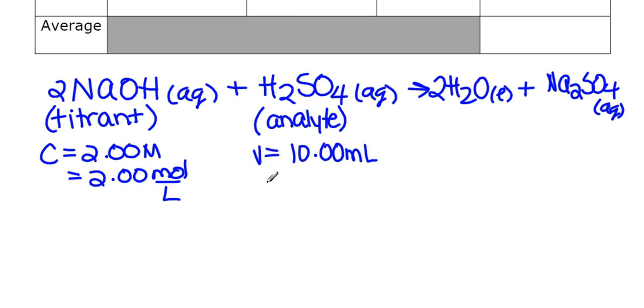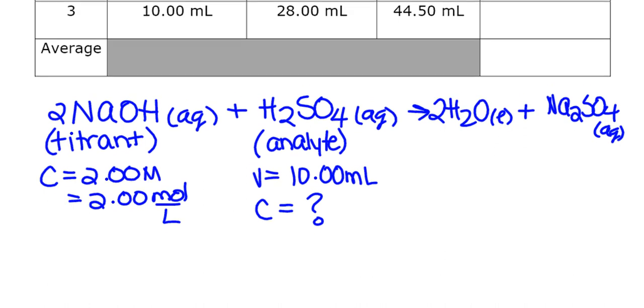We want to find out what the concentration of our acid is. This is the purpose of titration. What's the concentration of our analyte? But we need to get some data for some sodium hydroxide. So far from the question, we only have the concentration. So this is where the data table comes in.